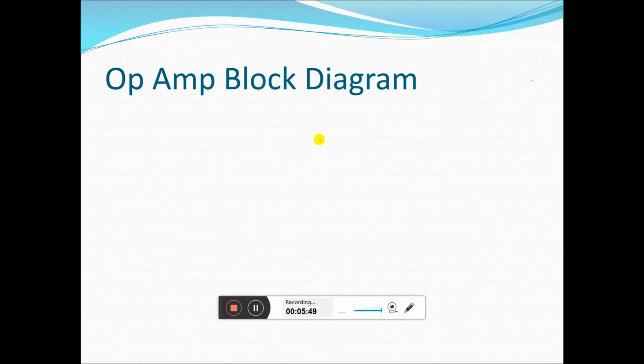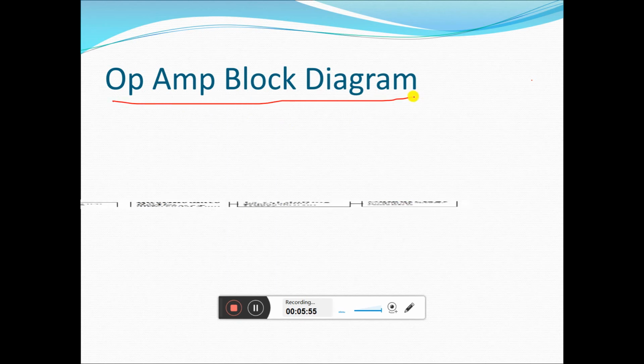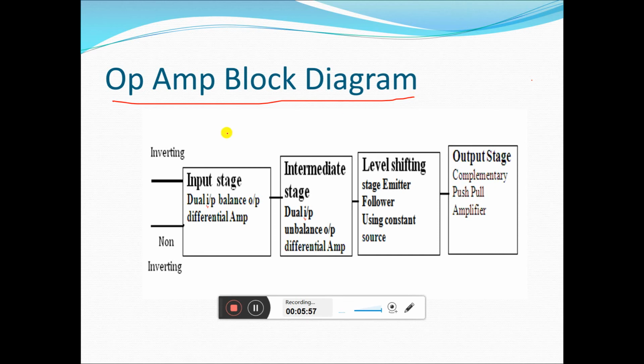Now, the main thing: the block diagram of our operational amplifier. Which blocks are contained in the operational amplifier? There are majorly four blocks. The first block is the input stage. The input stage is a dual input balanced output differential amplifier. That means here with V1 and V2, it amplifies the difference between the two input signals.